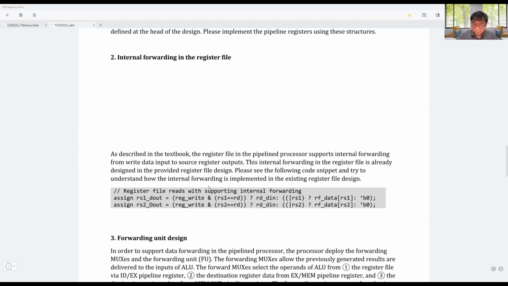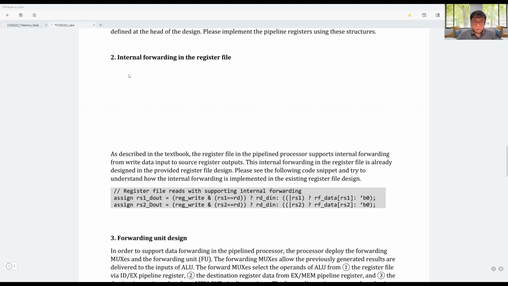I forgot the name of the module. So you need to complete the pipelined CPU.sv, and I also provide the test bench file like design lab number 3.